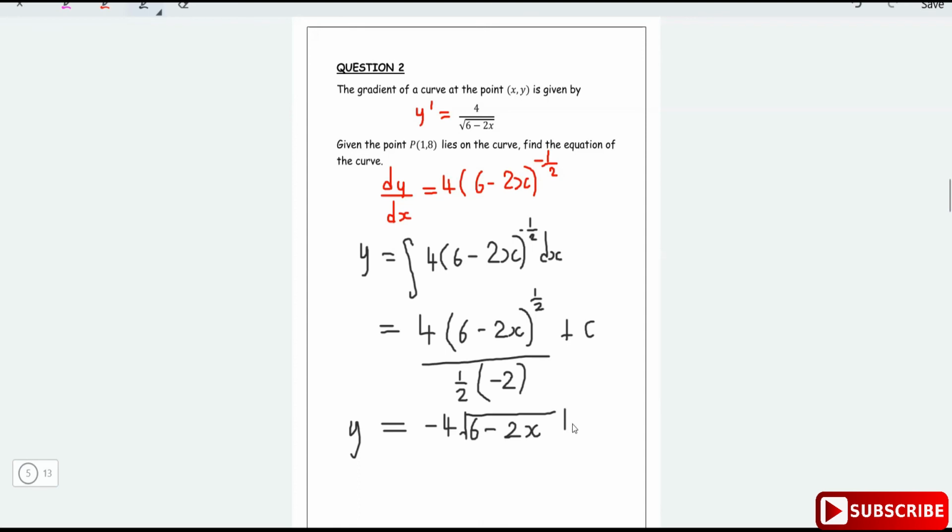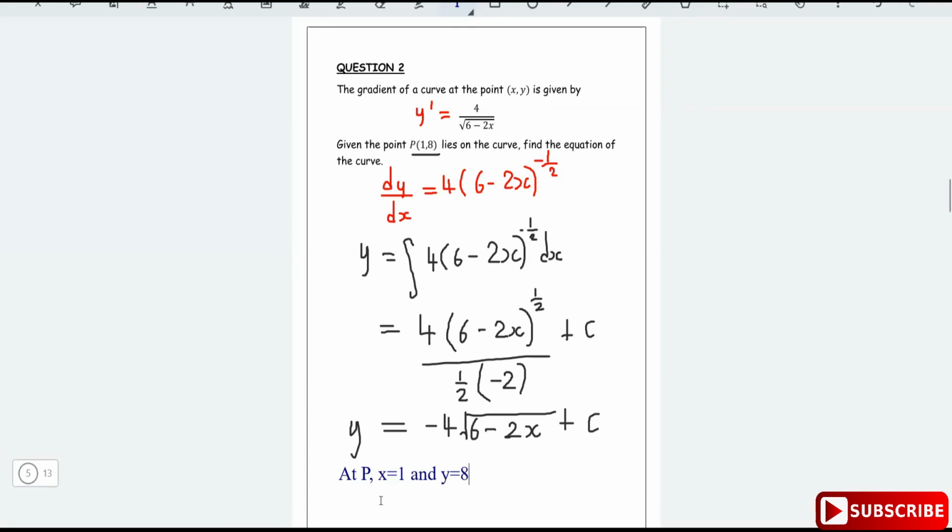But this will give you a family of curves. But look what they told us: they told us we have some point P, (1, 8). So you're required to set y equal 8 and x equal 1. At P, we know that x equals 1 and y equals 8.